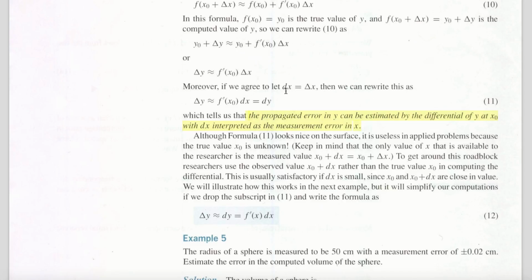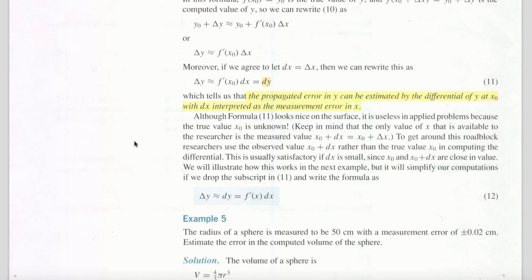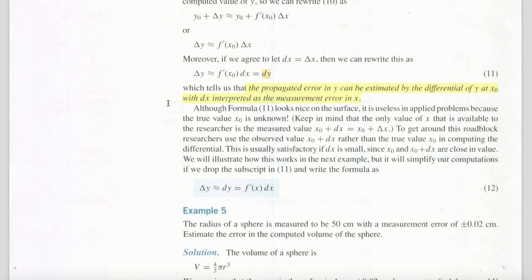Moreover, if we agree to let delta x and dx become the same thing, then delta y will be approximated by f prime of x naught dx, but f prime of x naught dx is the definition of the differential dy. So we can approximate delta y with dy, which tells us that the propagated error in y can be estimated by the differential of y at x naught, with dx interpreted as the measurement error in x.